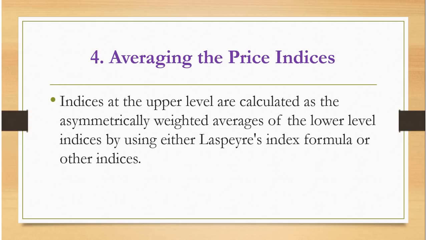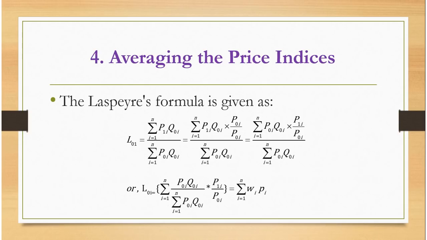So the upper level indices are calculated as the weighted average of the lower level indices by using either the Laspeyres index formula or other formulas. The Laspeyres formula is given as this one. This is the weighted price indices where the weights are base year quantities, and this Laspeyres formula can be rewritten by this simple adjustment as this one.